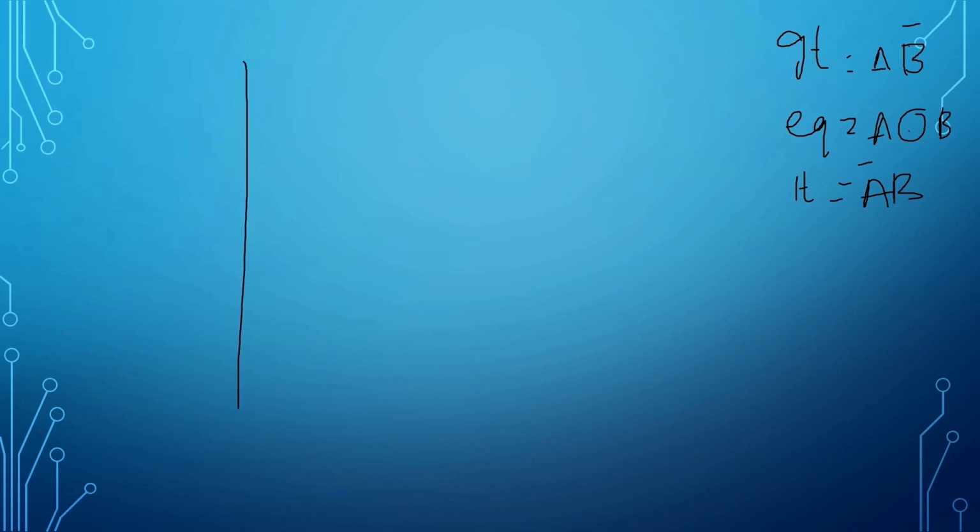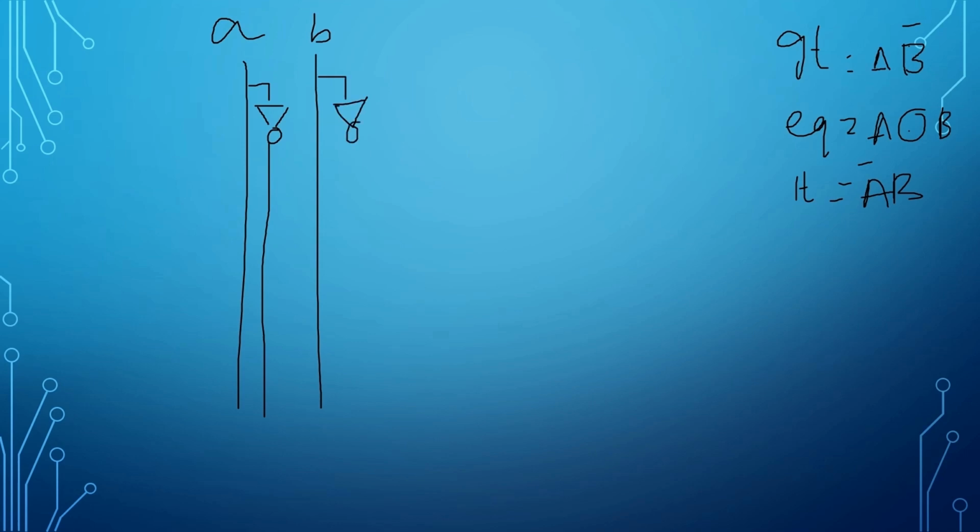How many inputs? Two inputs, A and B. We need A bar for LT, so A bar also I am taking. We need B bar for GT, so I am taking B bar also. This is B bar, this is A bar.